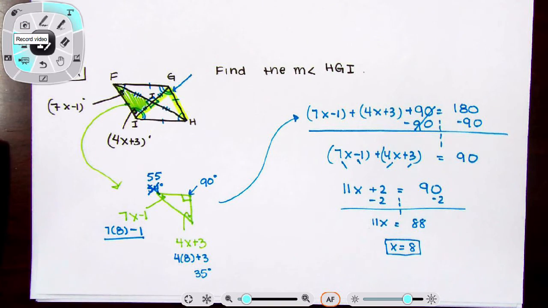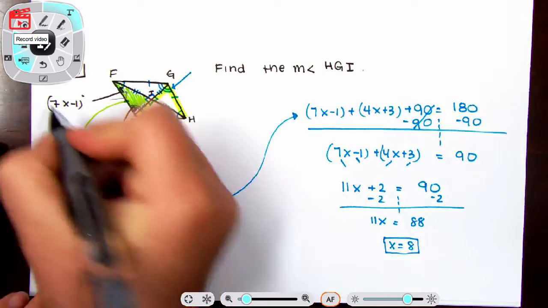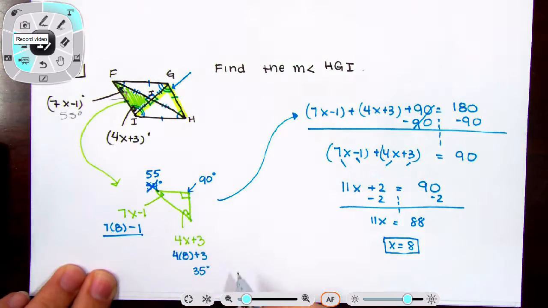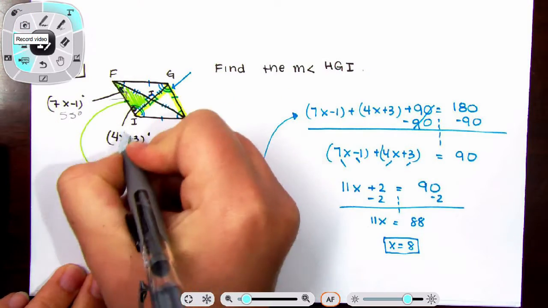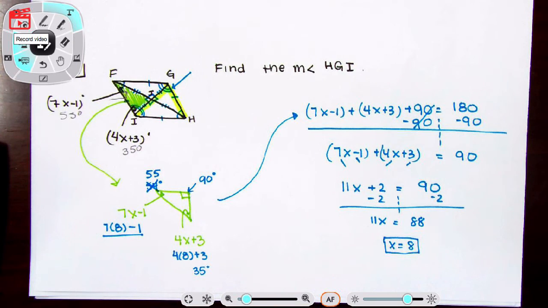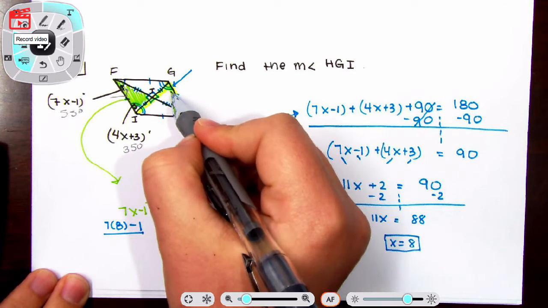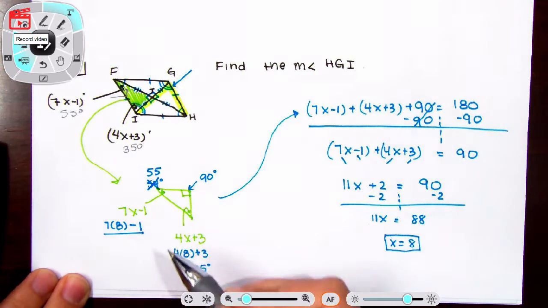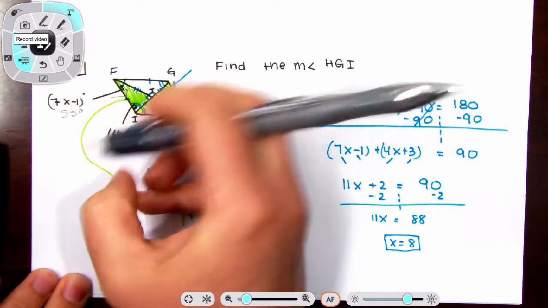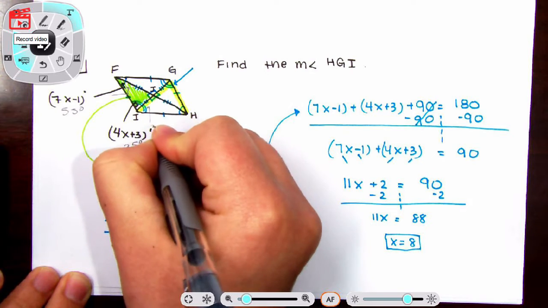So if we know that this angle measure right here is 55 degrees, and this angle measure right here is 35 degrees, we also know that because it is a rhombus, the diagonals bisect opposite angles. So this angle right here gets cut in half, and this angle right here gets cut in half. If this side is 35 degrees, then this side is also 35 degrees.